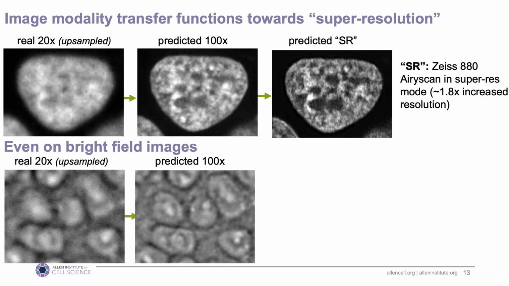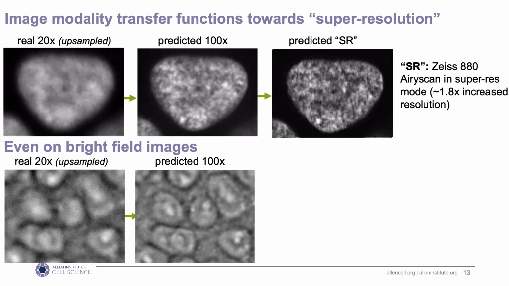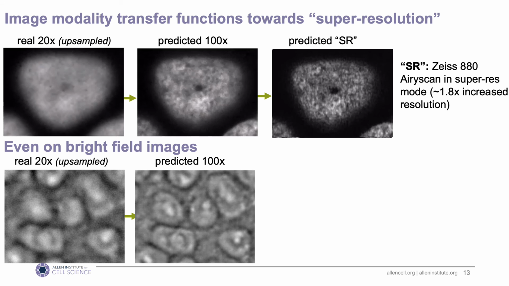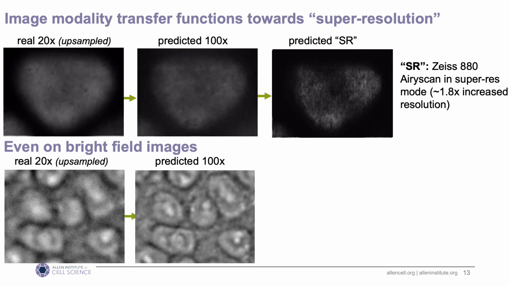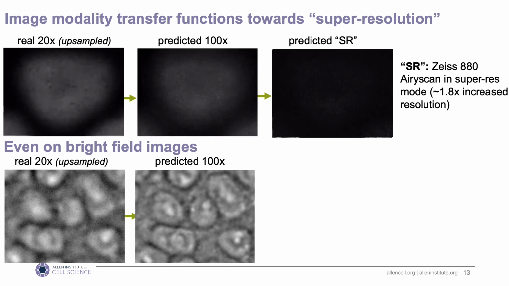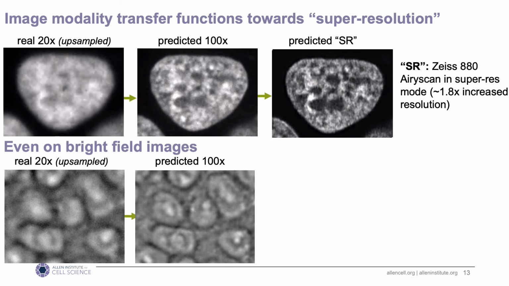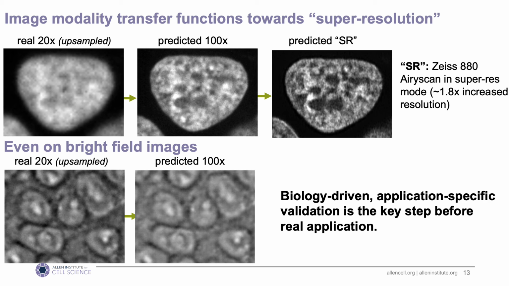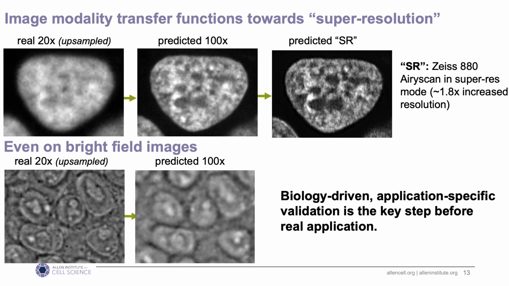From 100x, we could train another model to further improve the resolution, comparable to area scan fast images in supervised mode. Also, the application is not limited to fluorescence. We can also do the transfer on bright field images, which makes it possible to combine our transfer function with our label-free technique. Again, biology-driven, application-specific validation is the key step before putting any of this into real applications.